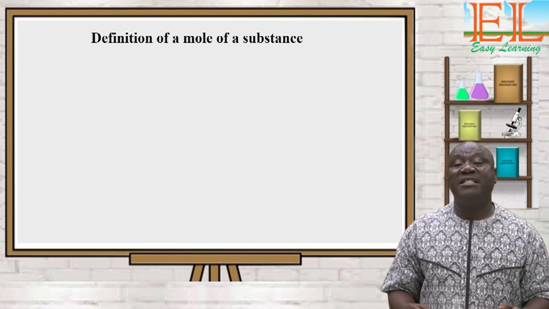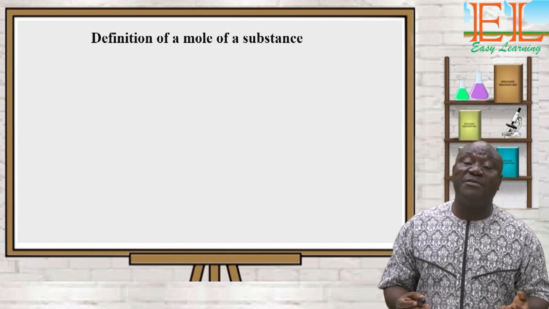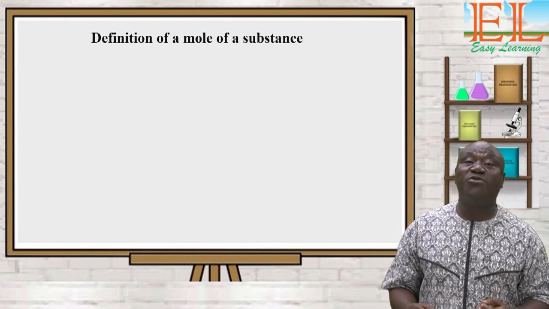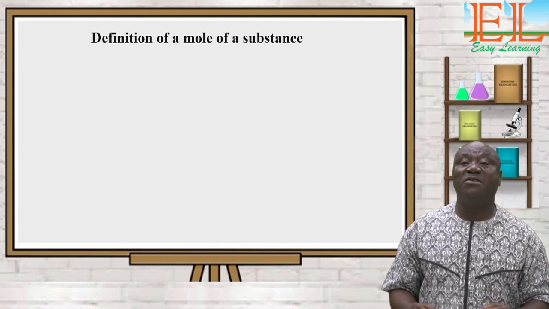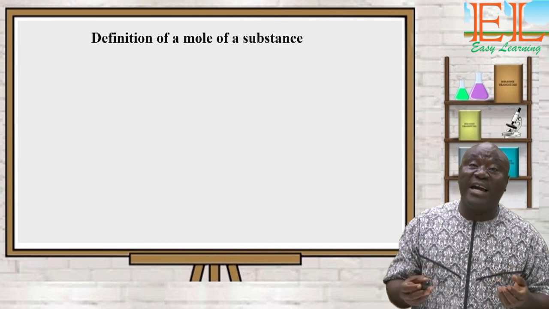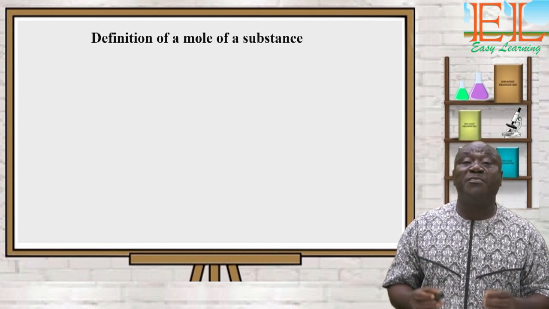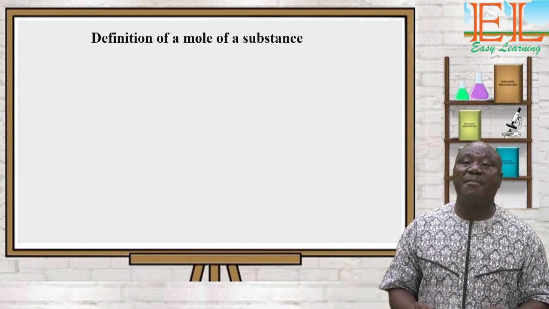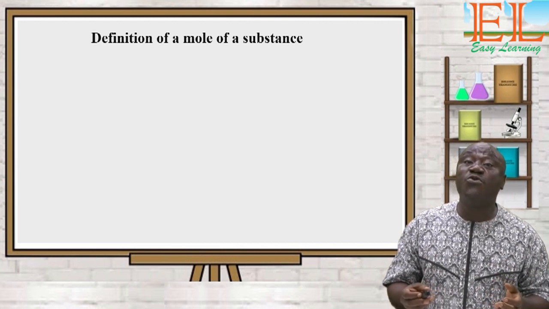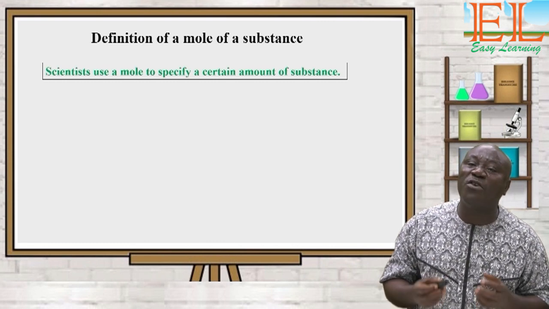Now, just as in everyday life, we use terms like pair to represent the number 2. We use a dozen to describe 12 items, and a crate of egg to represent the number 30. Scientists also use a mole to specify a certain amount of substance.